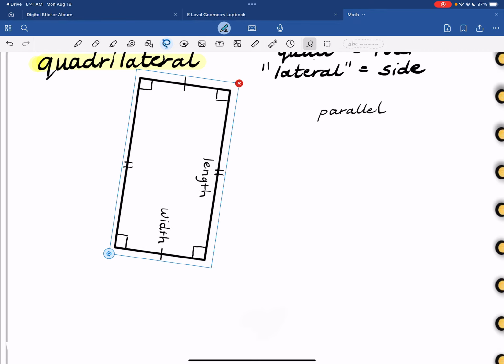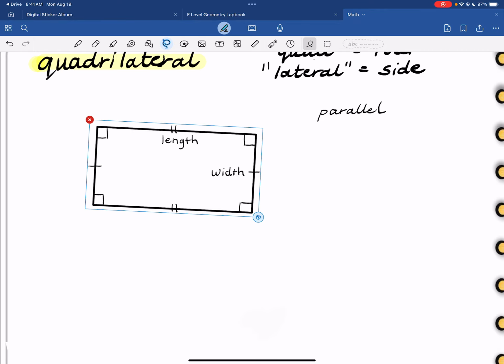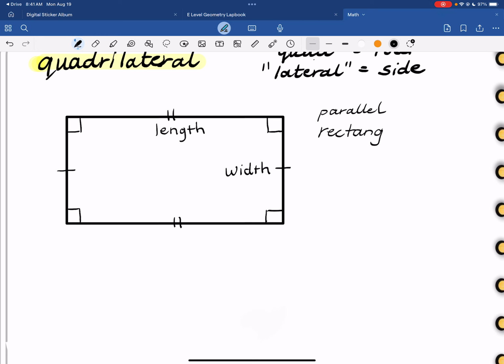Doesn't matter how you turn it. Those dimensions, even if it's tiny or big, do not change. Length and width. And this is called a rectangle. Four right angles, four sides, so it's a quadrilateral, and it has two sets of parallel sides. Lots of vocabulary in this lesson.